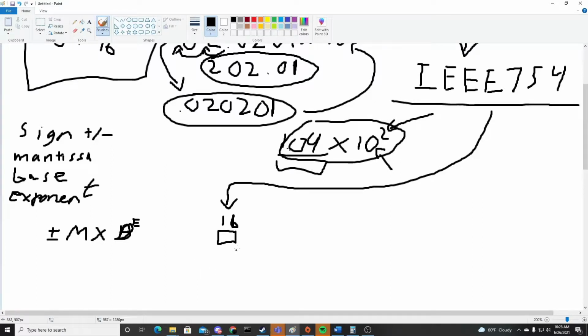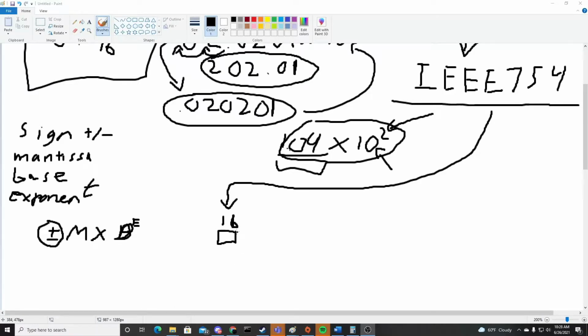If it's a 1, it's negative. And by positive or negative, we're talking about the entire floating point number here. So the sign bit basically represents this part right here, if we're thinking about this in terms of scientific notation. So again, 0 is positive, 1 is negative.